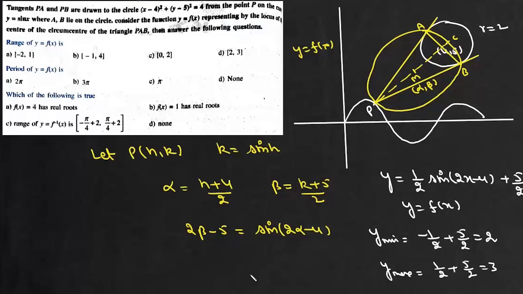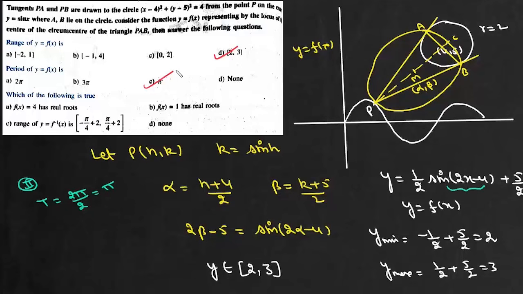So the range of this function will be from 2 to 3, and that's your option D. Now this second question is, find the period of this function y equals fx. Now it is a sine function, so its period will be given by 2 pi divided by the coefficient of x, which is 2. So this function is periodic with the period pi, and that's your option C.